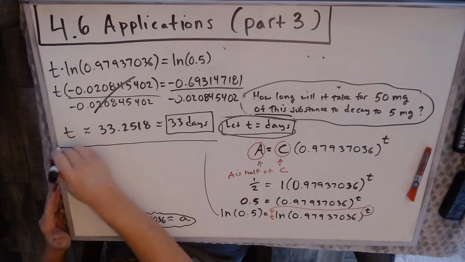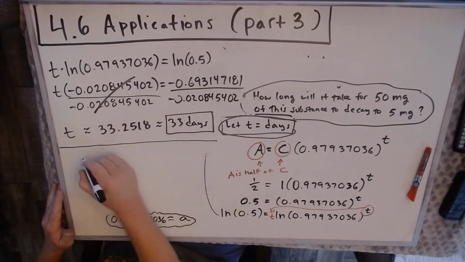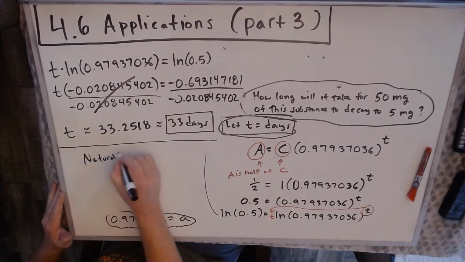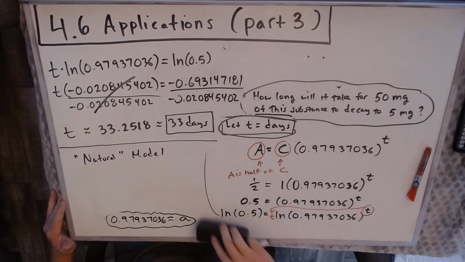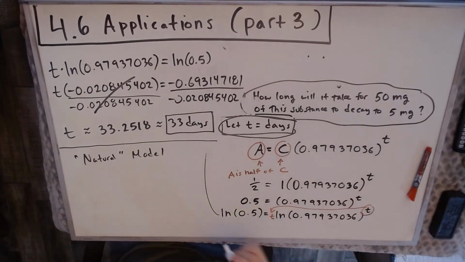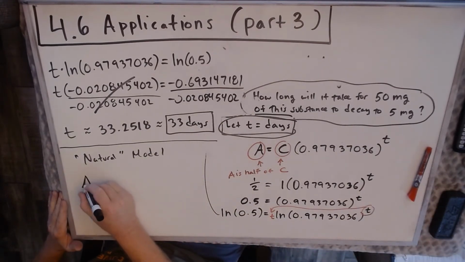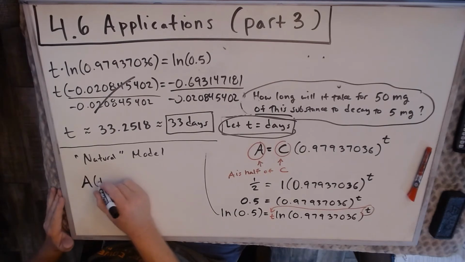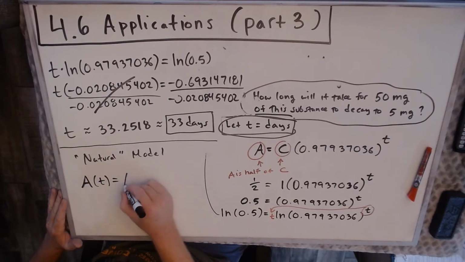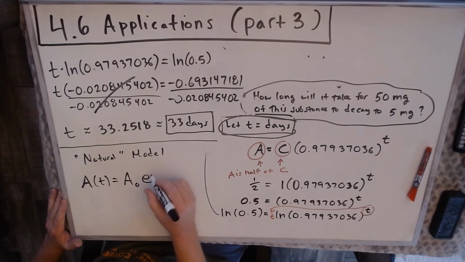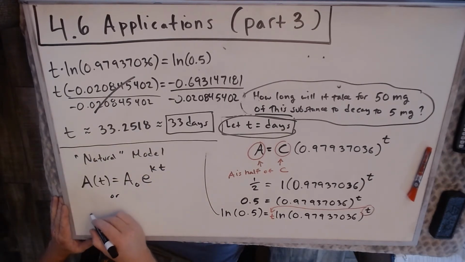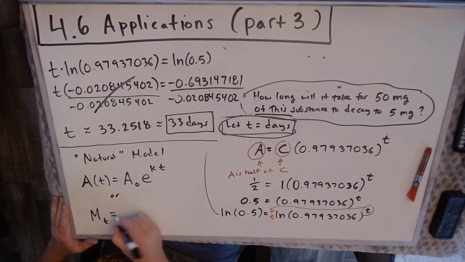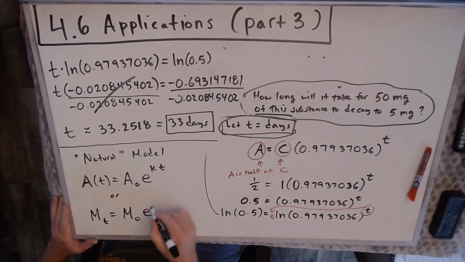Now keep in mind what the half-life gives us is what we call the natural model. The natural model, the amount at a time t is the original amount times e to the kt, or you could use the other notation: the mass at time t is the original mass times e to the kt.